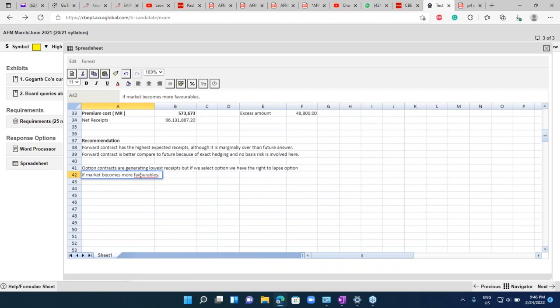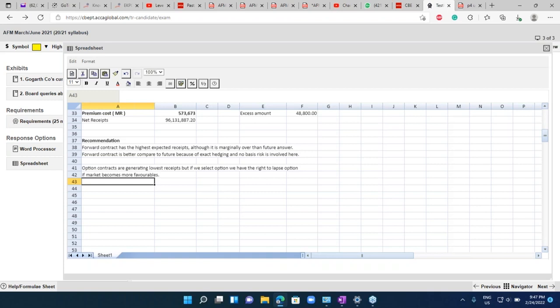So although option is not favorable here, you can write the one advantage of option: although option is not generating the highest answer, if we select option, we have the right that if the market becomes favorable, we can lapse the option and enjoy the favorable market rate.